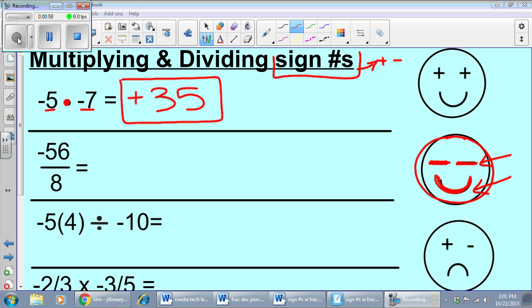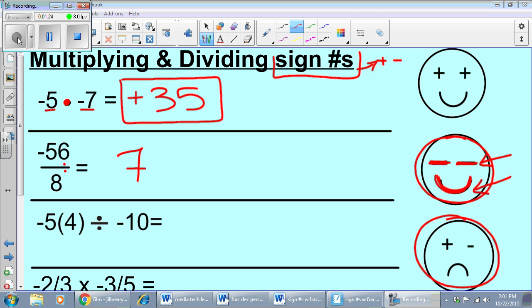Taking a look down at the next one, -56 over 8, I know that all fraction bars signal division, so I'll put the dot above and below the fraction bar to remind myself that. And I know that 56 divided by 8 equals 7, but I have a -56 on top, and 8 has no sign. When a number has no sign, it's positive. So I need to find the face down here, which says a positive and a negative number.